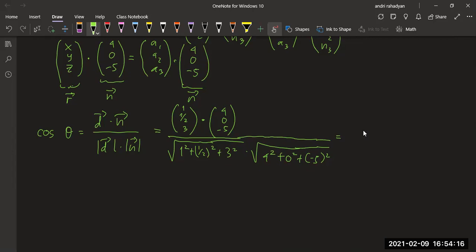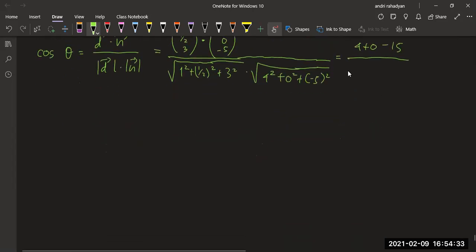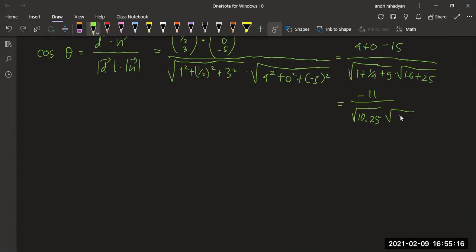The numerator is 4 plus 0 minus 15, which is minus 11, over the square root of 1 plus 1 over 4 plus 9, which is 10.25, times the square root of 16 plus 25, which is the square root of 41.